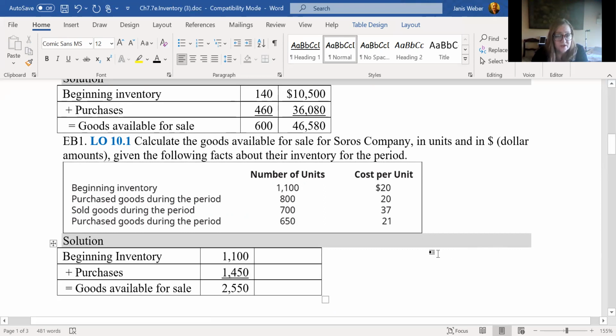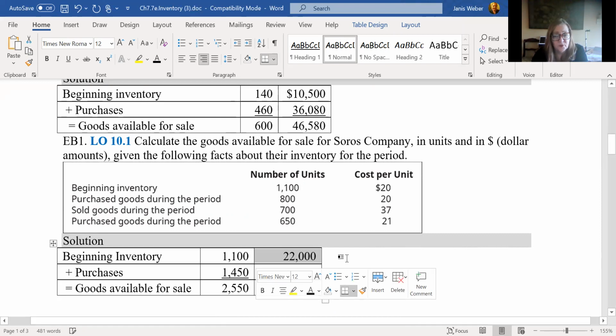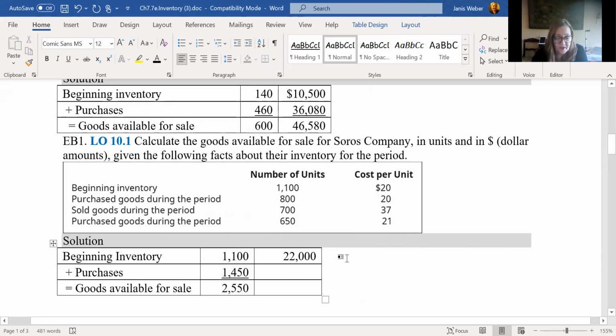And in order to find the cost of each of those, you just multiply them by the cost per unit. So 1,100 times $20 means we had 22,000 of beginning inventory costs. And then the purchases would be 800 times 20, which is 16,000. And then 650 times 21, which is 13,650.